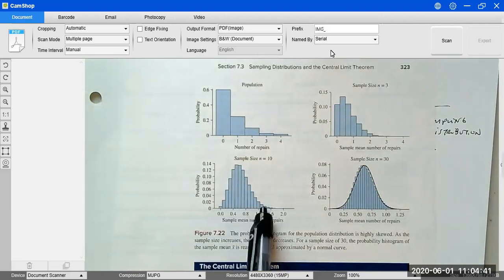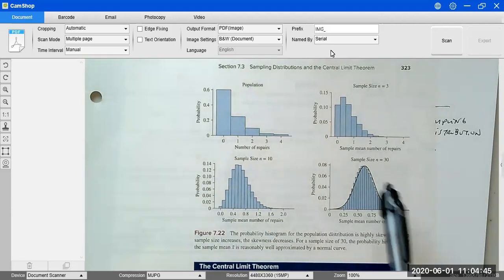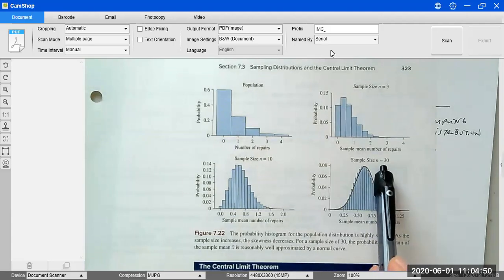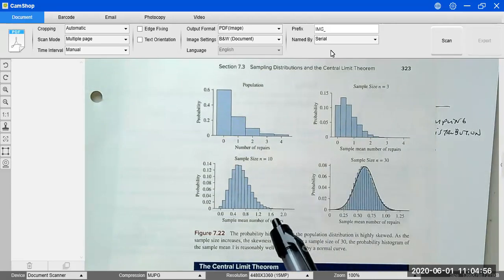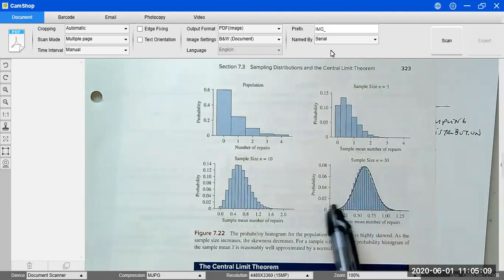In the next step, the author decided to collect samples of size 30. The means of those samples were a new population of means, and the corresponding distribution was this.